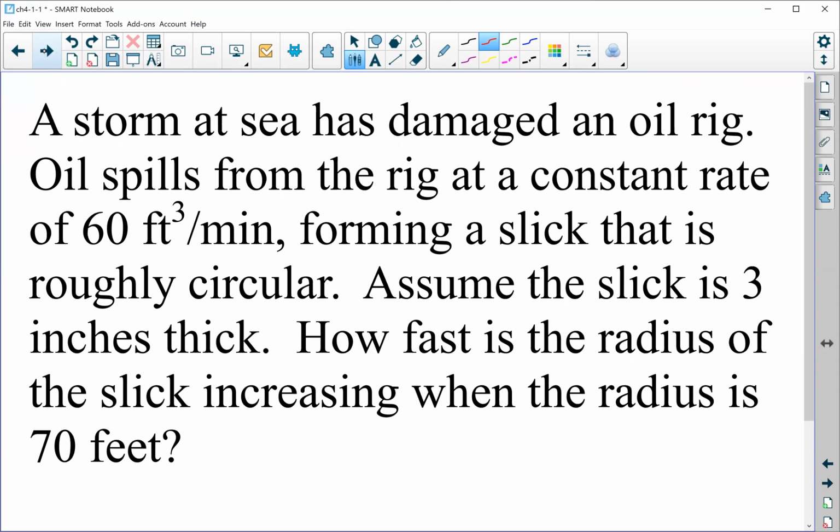Now, one thing that we are going to assume is that the thickness of that oil slick does not change. It's going to remain at that thickness throughout the entire time. So the slick is going to expand out, but not down.